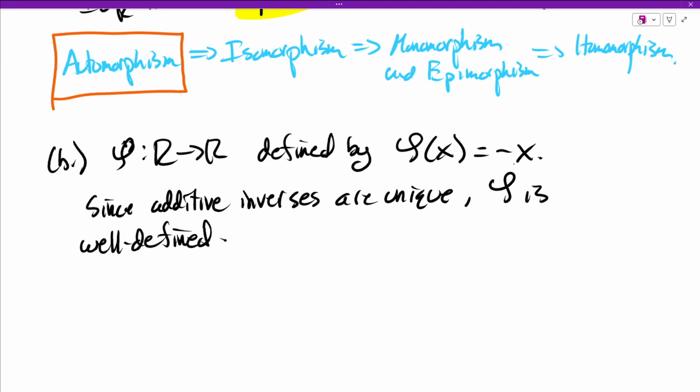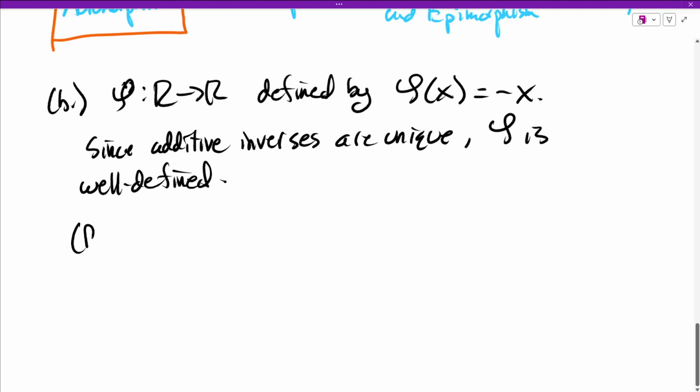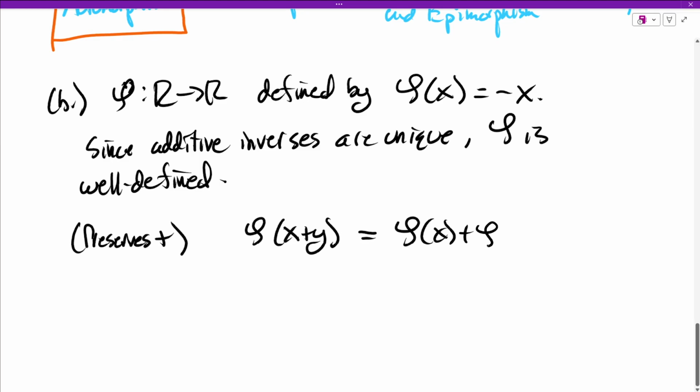So let's check the properties and let's see if phi is a homomorphism. So let's see if it preserves addition. So we need to compute phi of x plus y, and we need to compare that to phi of x plus phi of y. I'm going to put a question mark through this because we don't know if that's true.